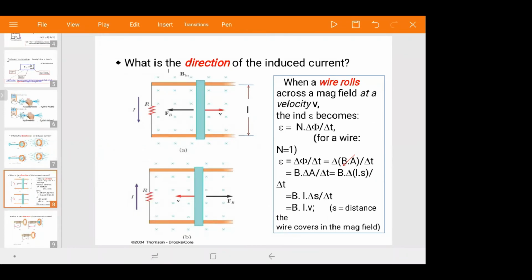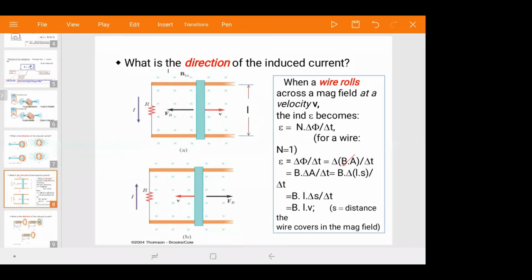Right now in the picture, this wire, as you see with the red arrow, velocity, is rolling towards the right. When it rolls towards the right, it cuts across magnetic field lines, magnetic flux, so to say. Then there is a change of flux in an area. What area?